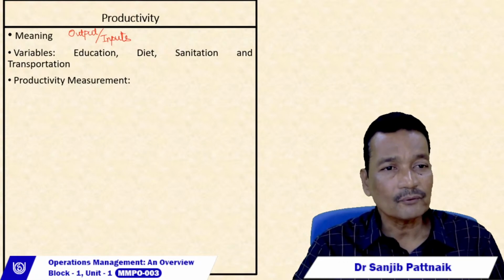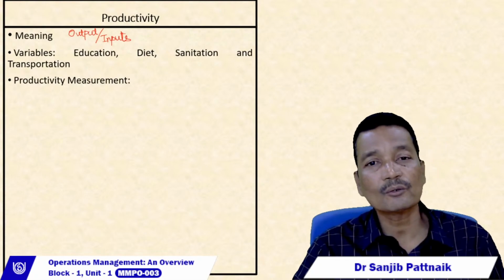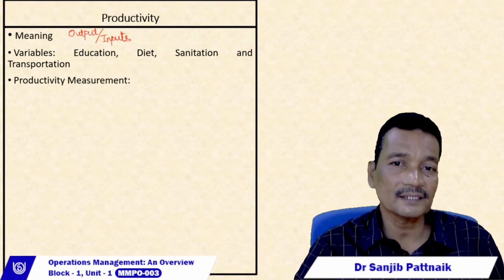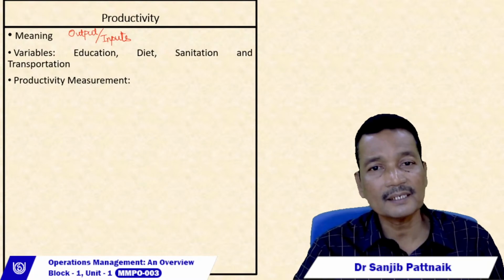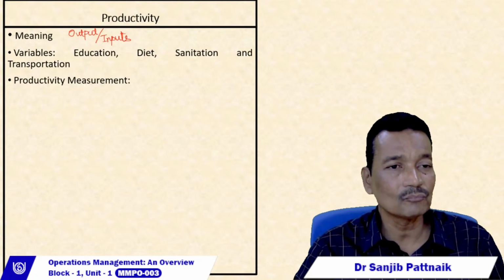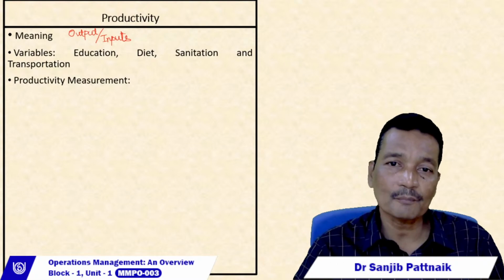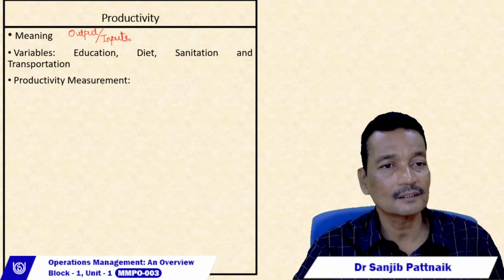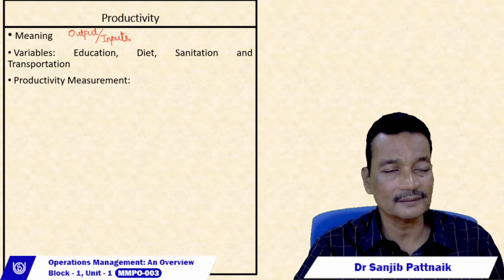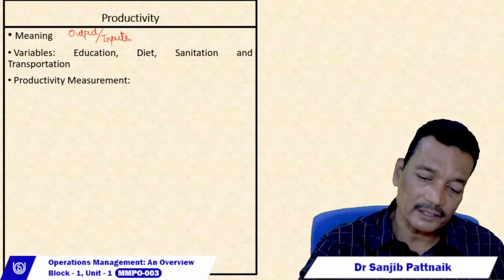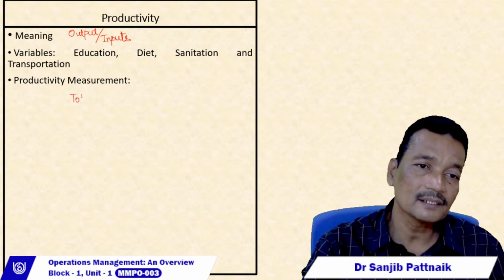And suppose industries are located in a far off place from the city. It is not possible for employees to travel each and every day and reach the organization on time. For that, we'll find company buses and company cars taking the employees to the particular place.